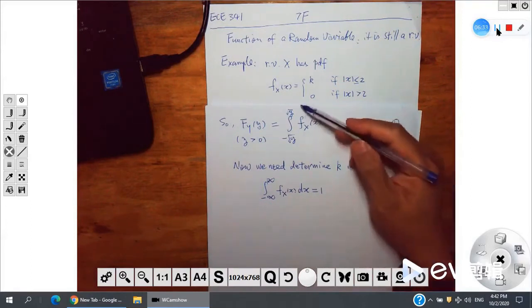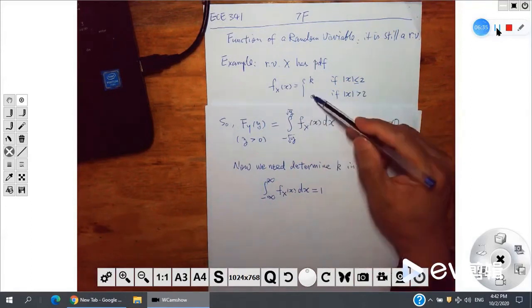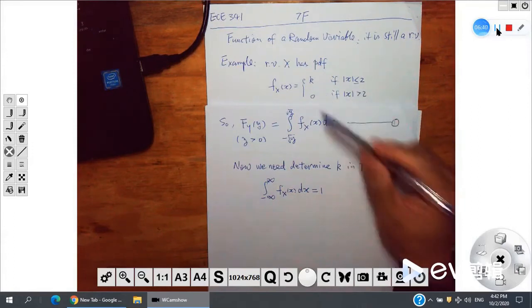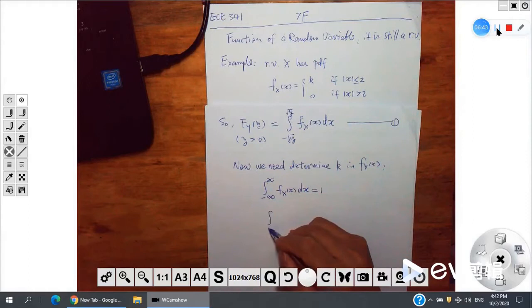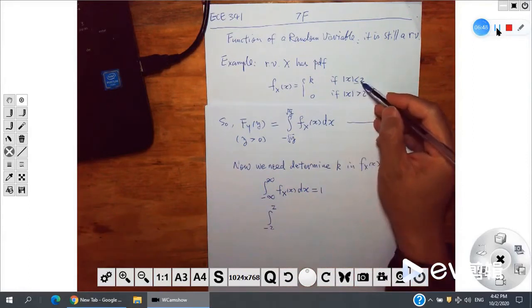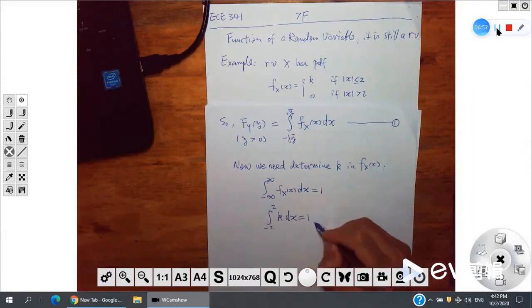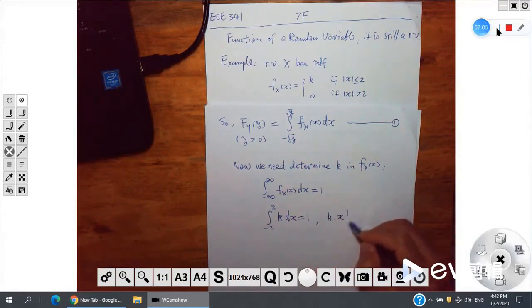Look at fx. For x large, it's 0. For x small, it's k. So we only need x from negative 2 to 2, absolute value of x smaller than 2. So the integral from negative 2 to positive 2 of k dx equals 1. This is k times the integral, which is just x from negative 2 to 2, equal to 1.